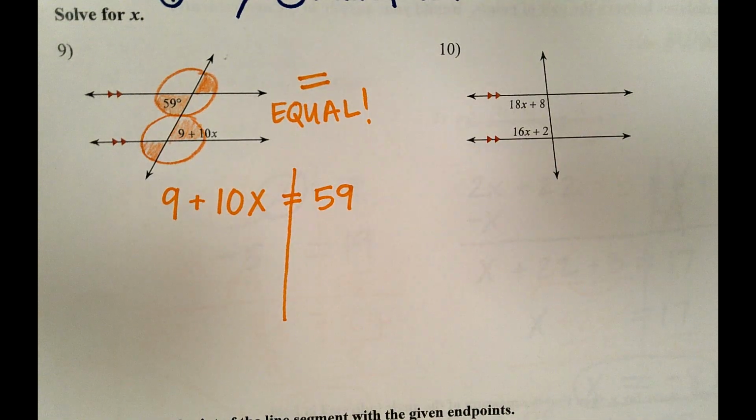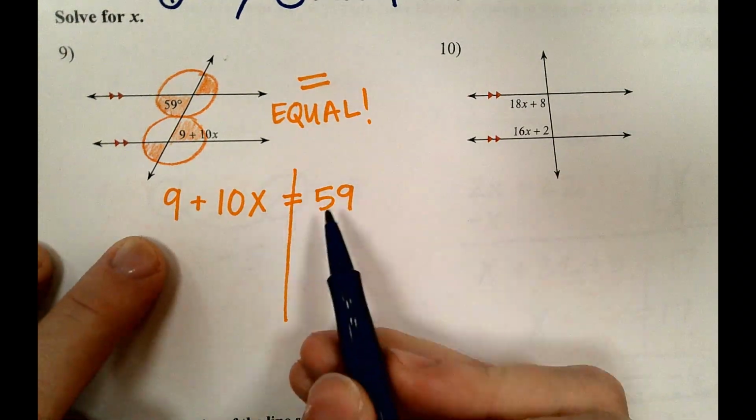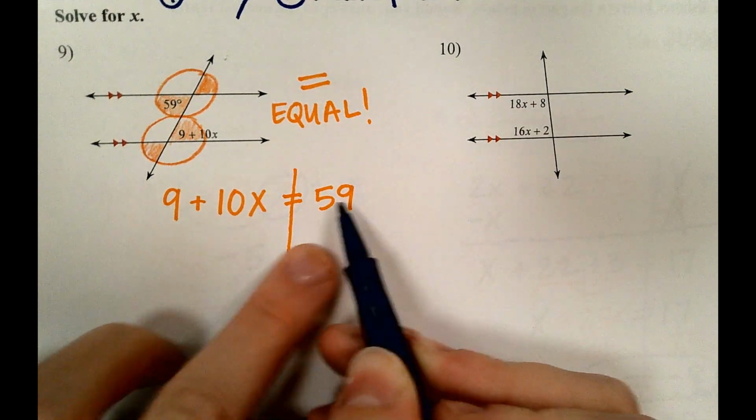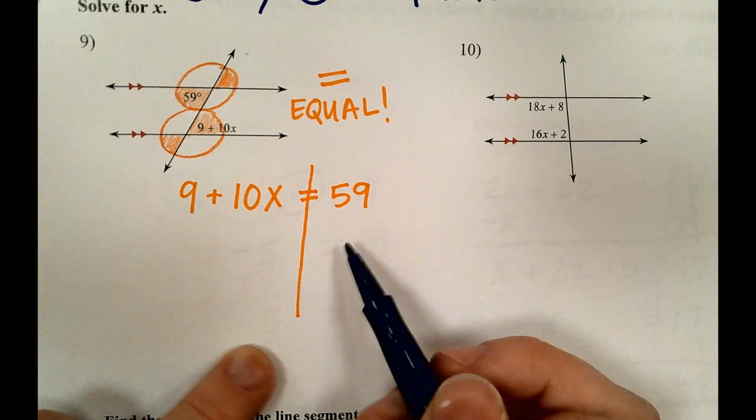Okay, so now that my equation is written, go ahead, Melena. Could you do the opposite way, like 59? Yes, you could absolutely do it the opposite way. You could also do 59 equals 9 plus 10x. That would also work. And then once we have our equation set up, what is a good next step? So you said 9 minus 59 or 59 minus 9? 59 minus 9.